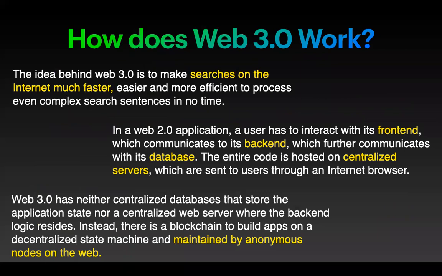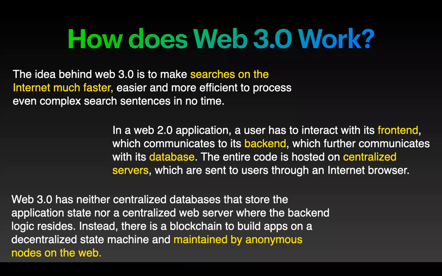How does it work? The idea is to make searches faster and efficient. In Web 2.0, users have to interact with the front end, which communicates with the backend, which further communicates with the database. The entire code is hosted on centralized servers, which are sent to users through an internet browser.